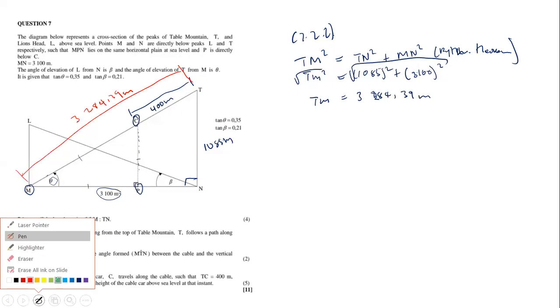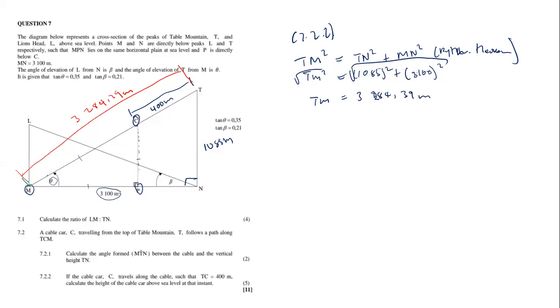We're going to determine MC. So we're going to say MC is equal to how much? It is equal to the bigger side, which is the red side, in this case 3,284.39, subtract the smaller side, which is 400, which was provided, 400 meters.